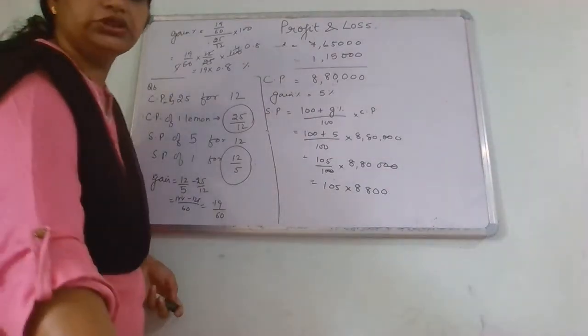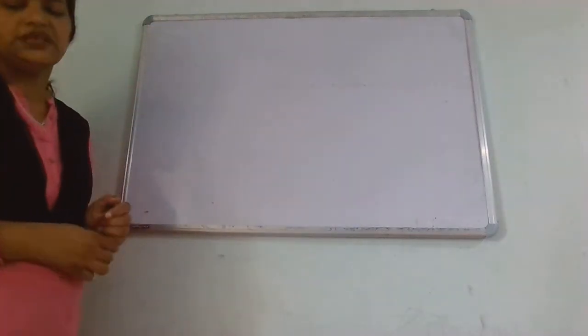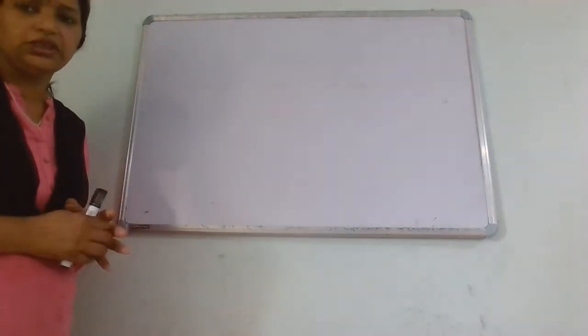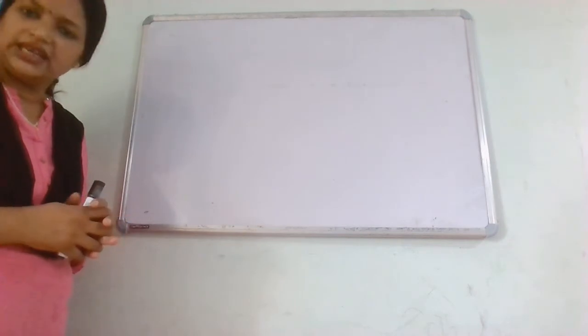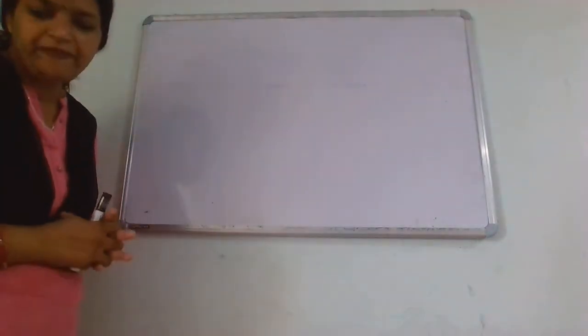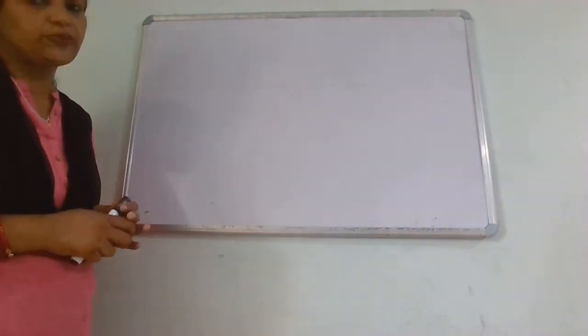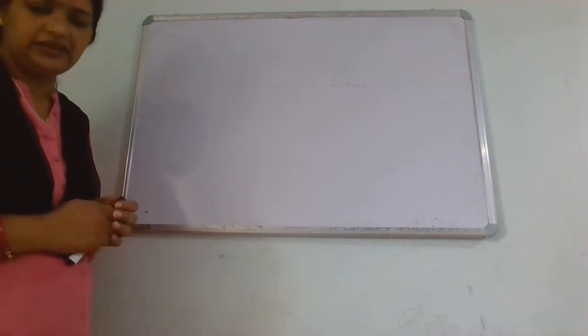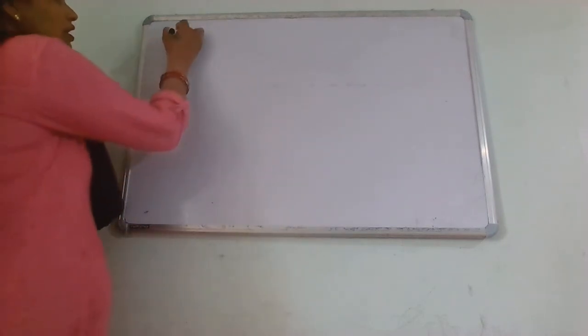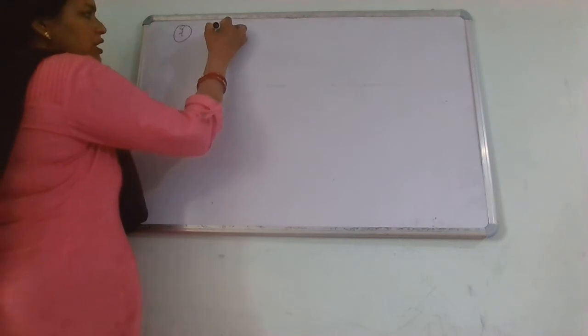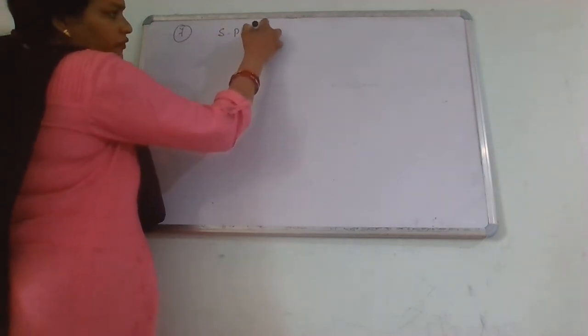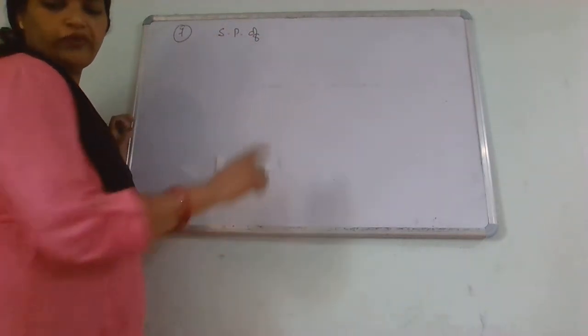So next question, please. Now question number 7 is important. In this question number 7, it is saying the selling price of 12 pen is equal to cost price of 15 pen. Find the gain or loss percent. So what is given?